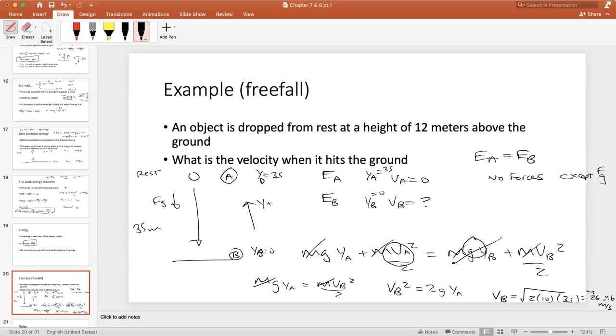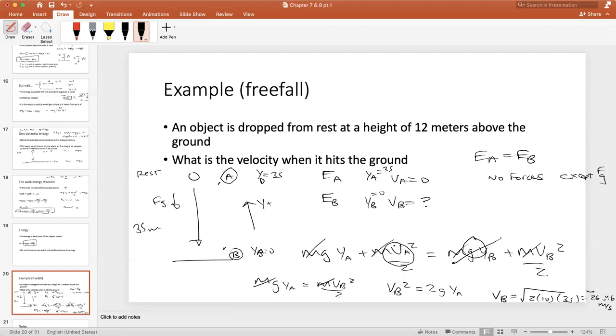That's all you have to do. Look at this algorithm. We chose 2 relevant positions. Usually the start of the problem is your first one. So find the first position and then find the position when it has whatever you're asked for. Here we were asked for the velocity right when it hits the ground. So we knew to choose A and B there and there.